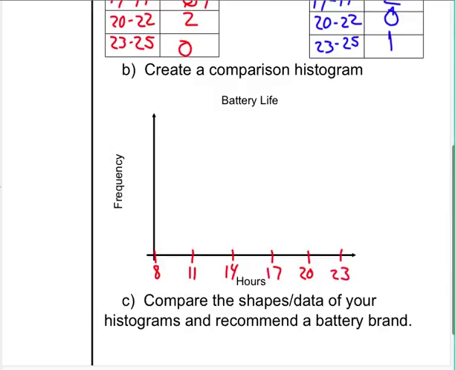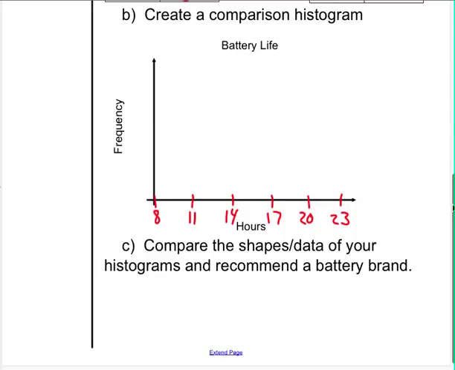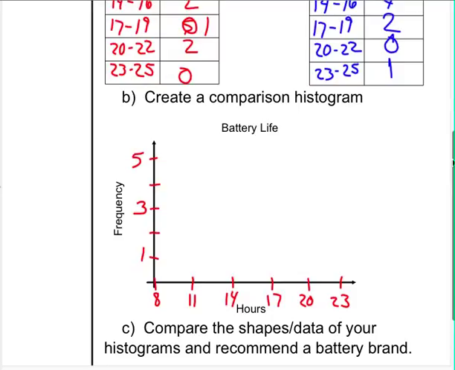And then for frequency, the highest frequency I think was 5. Yep, so I need to go up to 5 on my y-axis. My red bars are going to represent my brand 1, and I'm only going to take up half the space because the other half will be for my brand 2.